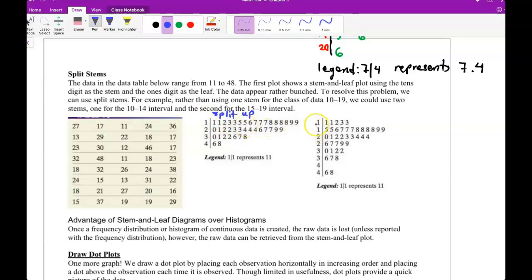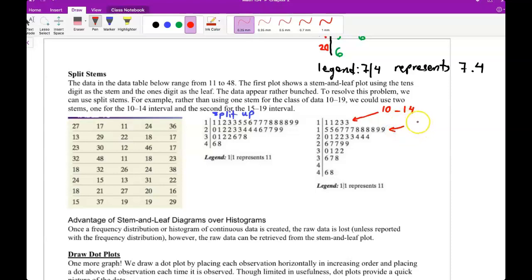Now dividing by 2, we have 1, 1, so we have 2 classes. So how can we decide how many numbers go on top and how many go on the second part? This one is the class starting from 10 to 14, which is actually 14.999.